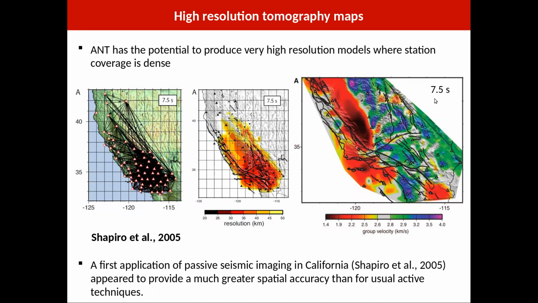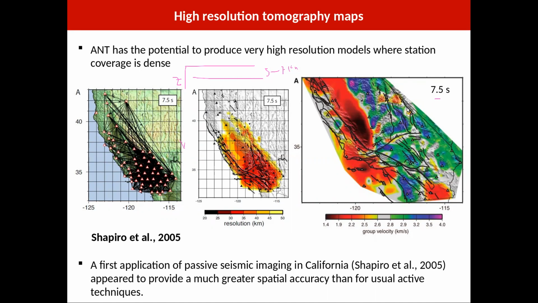So what it means is that within this period, 7.5, remember that with surface waves, if this is your Earth structure, Z, then the shorter periods are much more sensitive to the shallow part, okay? So if we are looking at 7.5, probably we are looking at the velocity distribution at say 5 to 7 kilometers, within the crust.